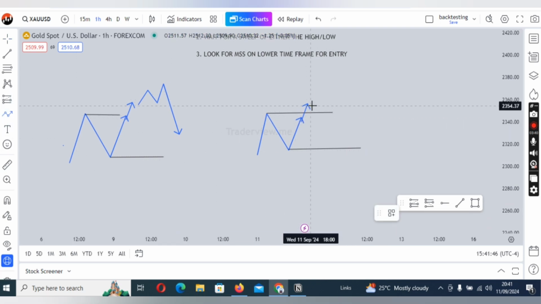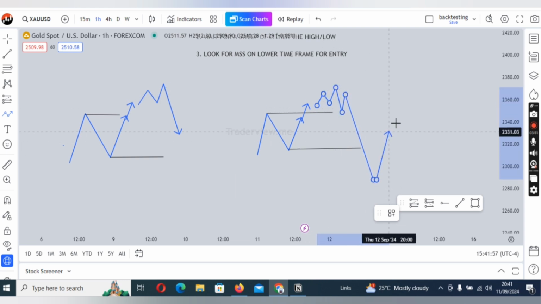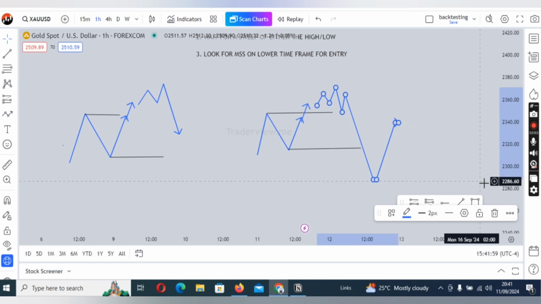After the sweep, wait for a market structure shift on the 1 minute time frame, something like this, and then a sweep, and then you see price will expand lower.